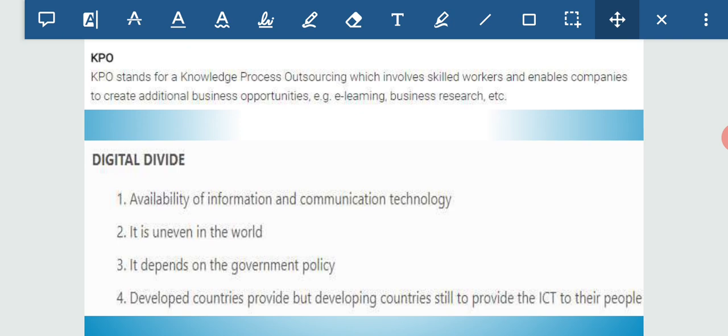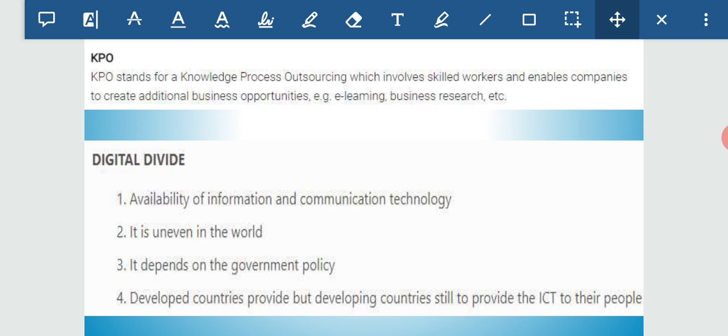Digital divide means basically that everywhere there is no accessibility of the IT sector or information technology. Where there is accessibility, where they are able to do the work, they are considered developed in the IT sector. Now what is needed for the digital divide?